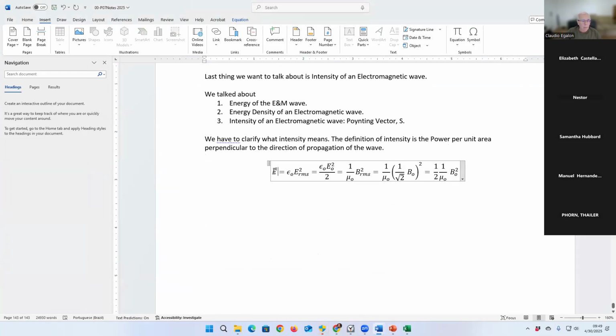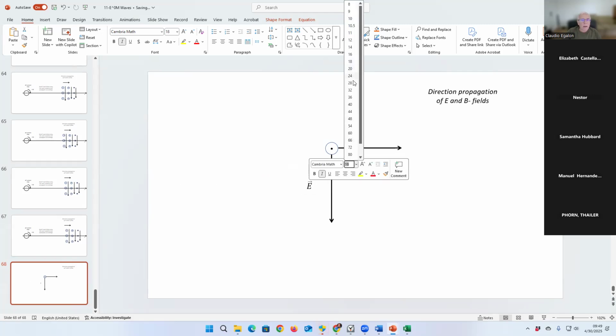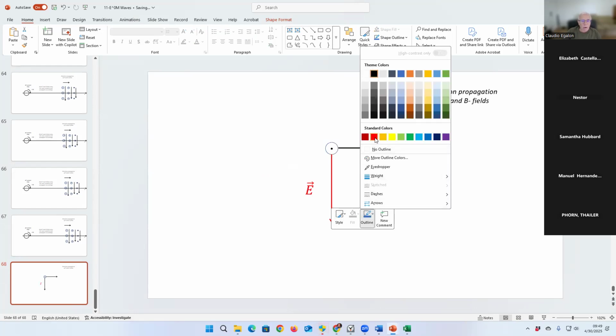I'm going to label that there in the drawing. I'm going to even put that in a different color, so it becomes easier to visualize, right? Let's put the electric field in red color.